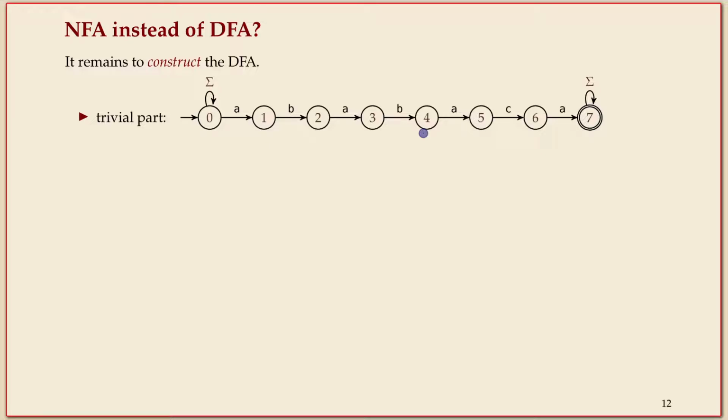But that means you must have had some other option earlier on that might have brought you somewhere else. Or your input is not in the language, so the automaton should reject. Then every possible way of moving through the state diagram has to reject. But the sneaky bit of the definition is it's enough if there is one way for you to find your way through this maze of states that leads to an accepting state.